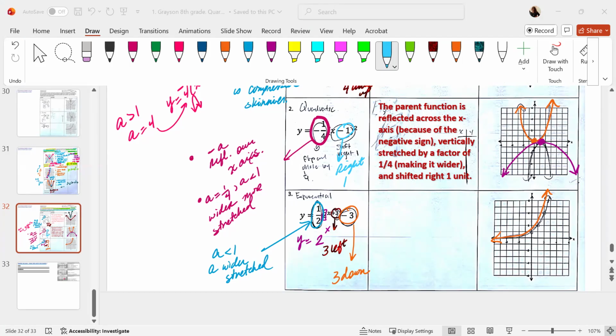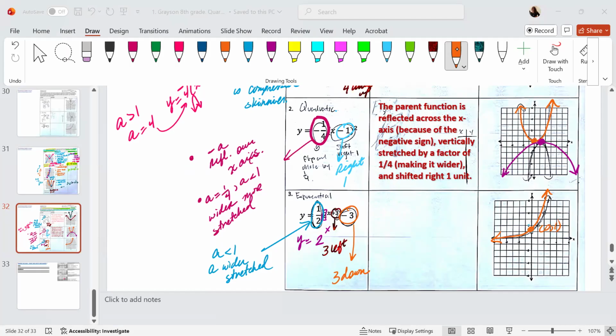What is the vertex of the parent function of an exponential function? So the starting point is 0, 1. You understand that? That's the starting point, okay? So for the parent function, it is starting at 0, 1, right there. Just remember that the parent function is at 0, 1.